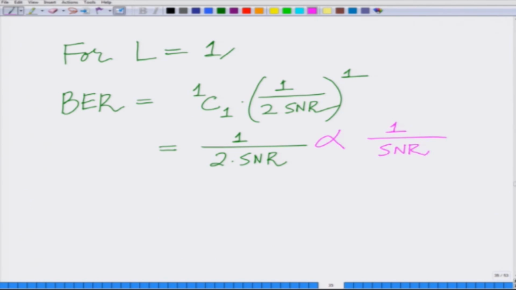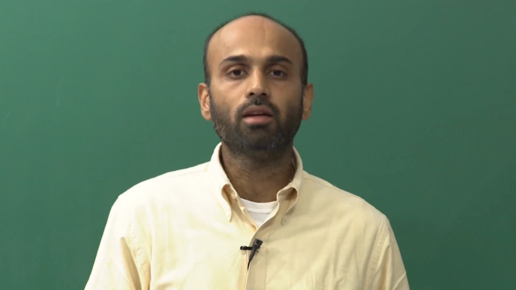That is, for L equal to 1 antenna, the bit error rate is decreasing as 1 over SNR, and this is a very slow decrease of the bit error rate with respect to SNR as we had seen earlier.